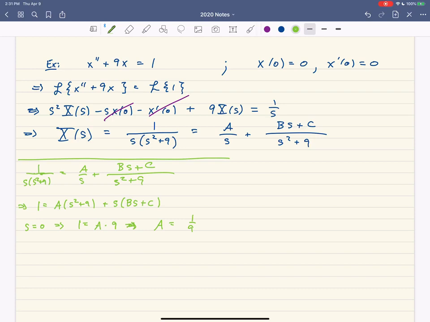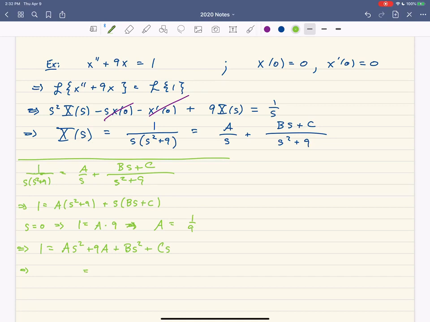Or there's another way that often doesn't get a lot of love, so let's talk about it. I want to expand out the right side, and I can write this as As squared plus 9A plus Bs squared plus Cs. I'm thinking of both sides here as a second degree polynomial in s.